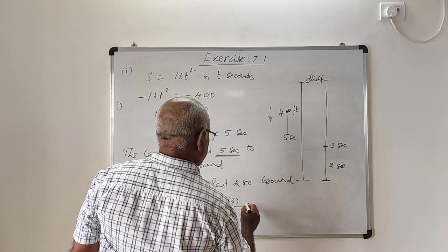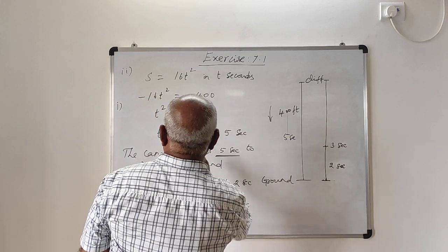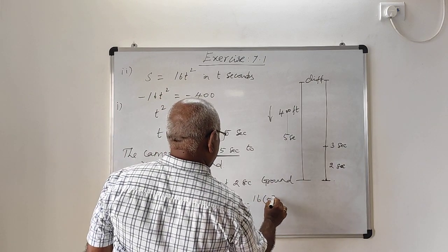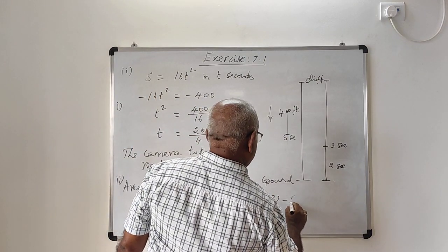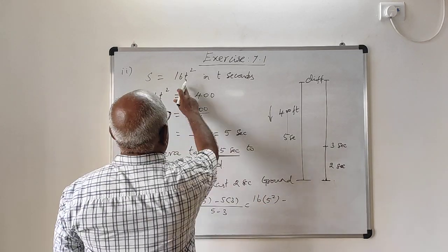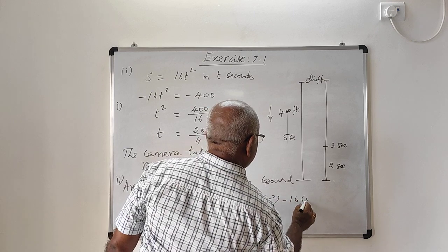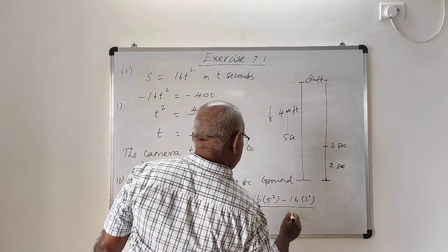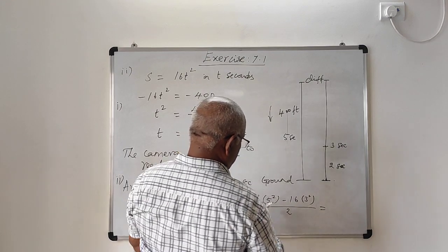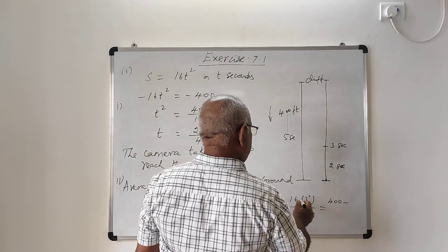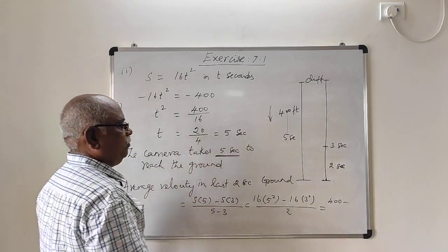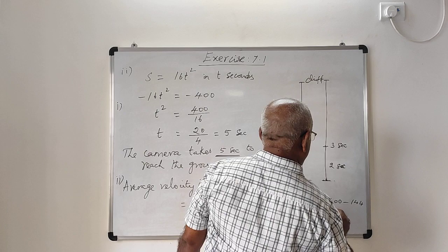S is 16t square. S5 minus S3 is 16 into 5 square minus 16 into 3 square, divided by 5 minus 3, which is 2. 5 square is 25, into 16 is 400, minus 9 into 16, which is 144, by 2.